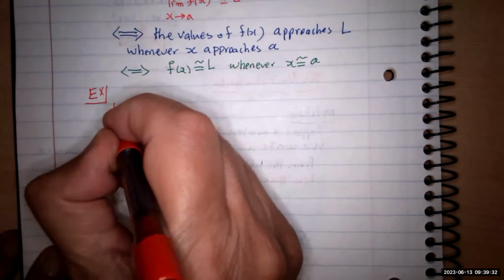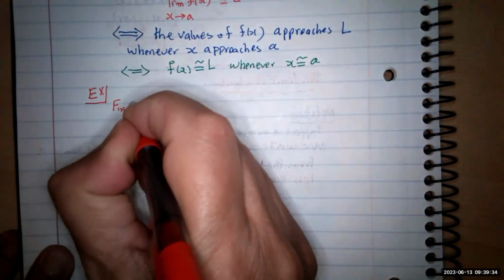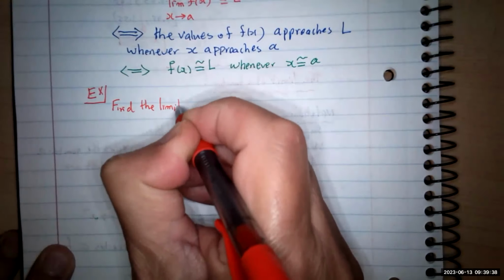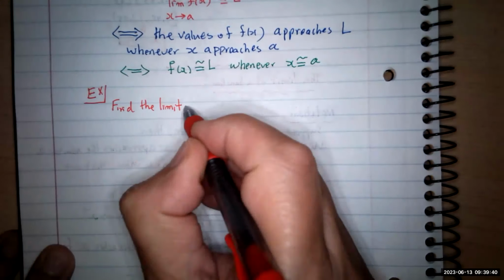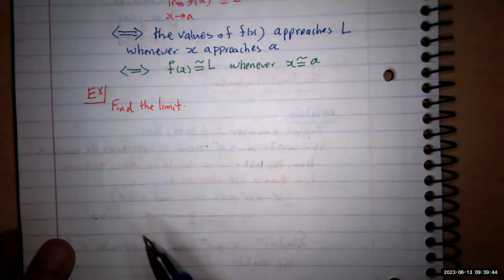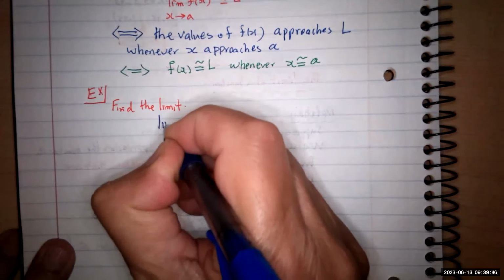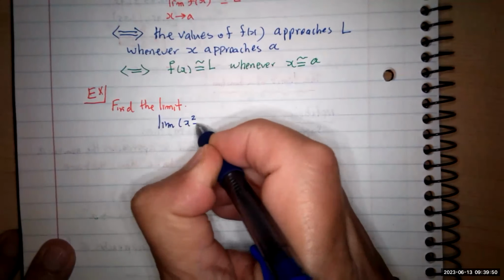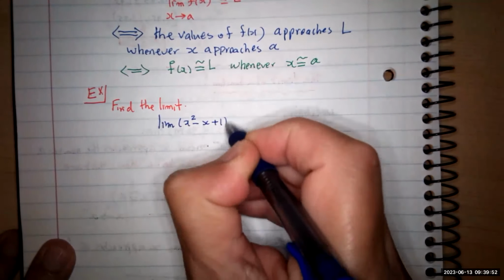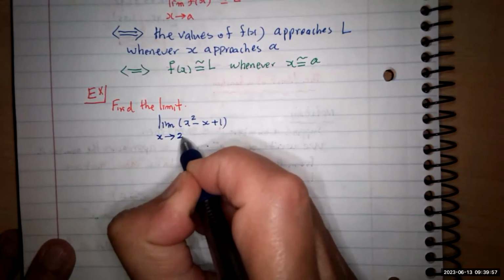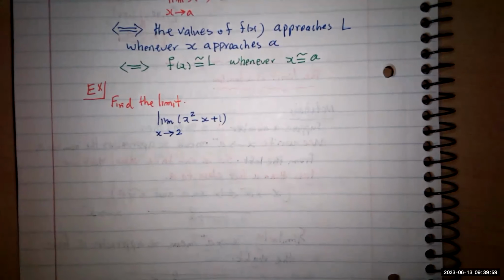So initially, we want to find the limit. Okay, this is the limit. What is the limit of x squared minus x plus 1, when x goes to 2? Okay, this is our first time that you see this type of problem.